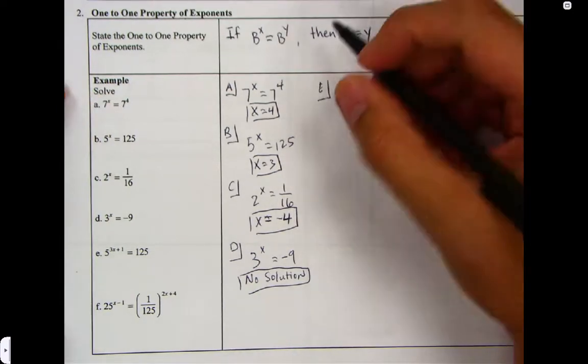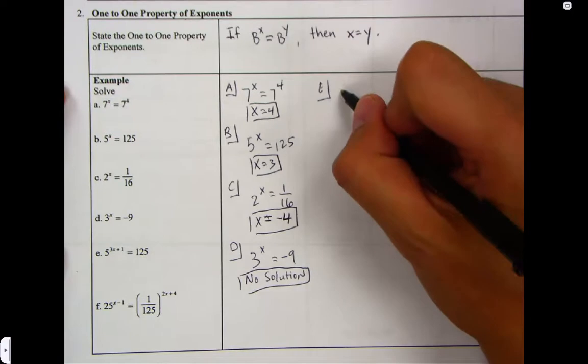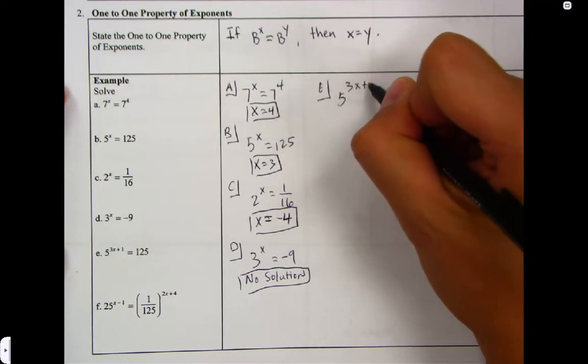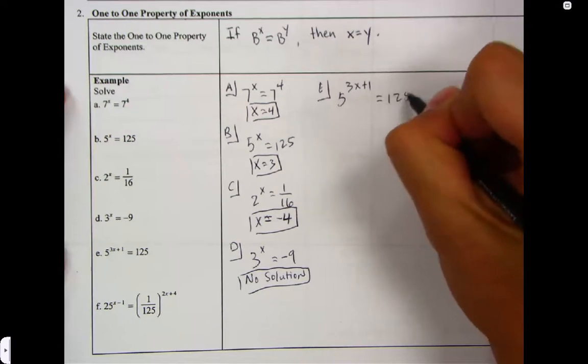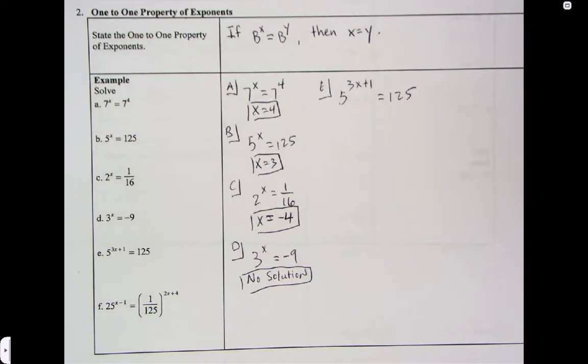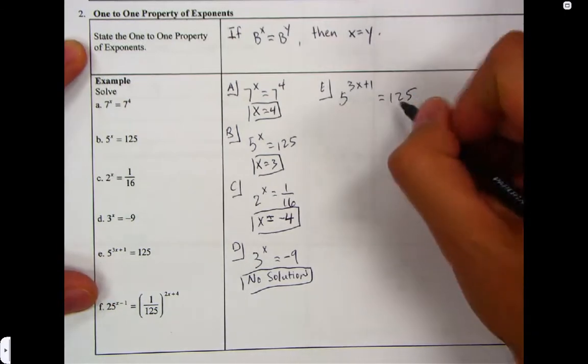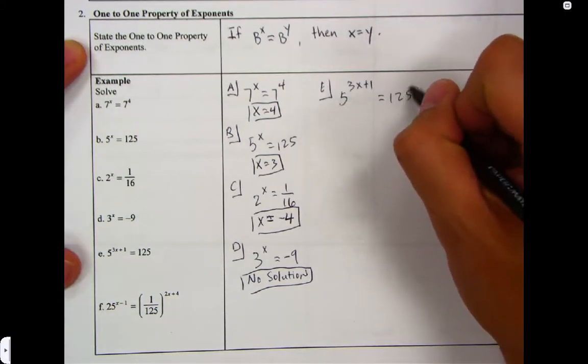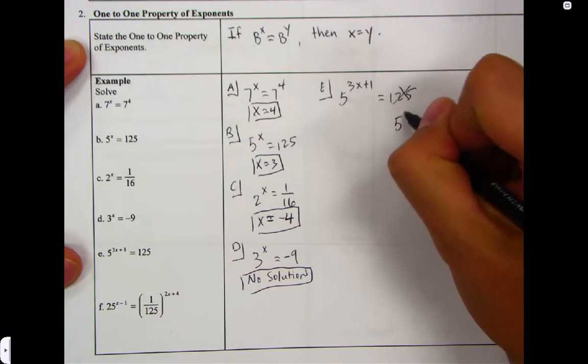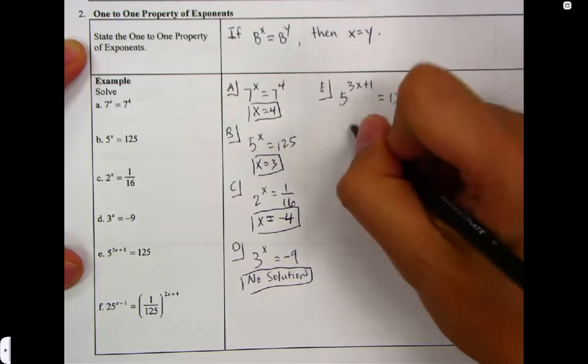Letter E, 5 to the 3x plus 1 is equal to 125. So right here, this 125, I'm going to change it to a base of 5. So this turns into 5 to the third power.